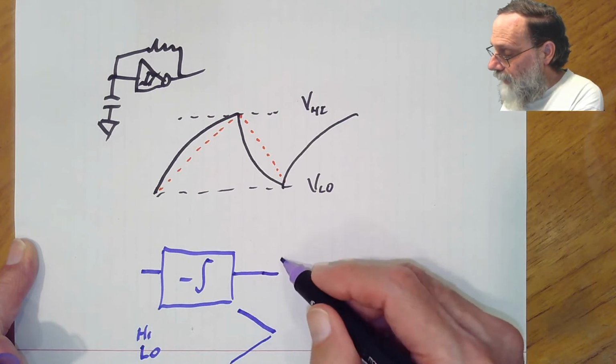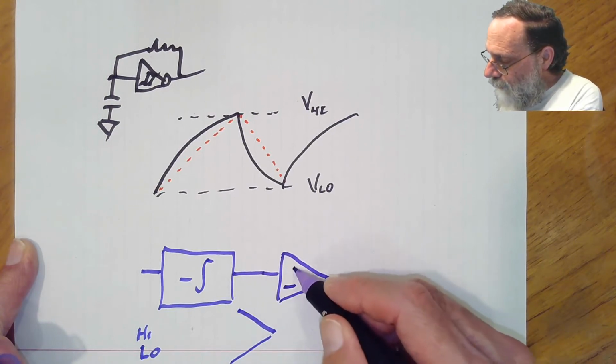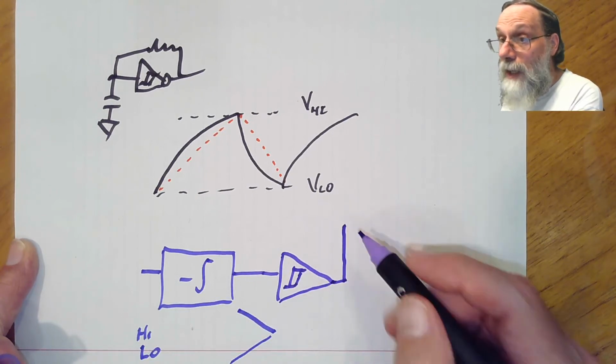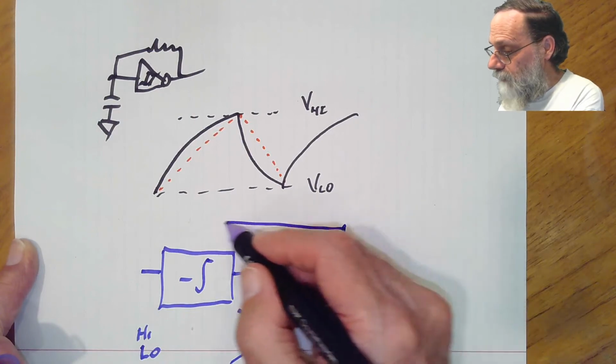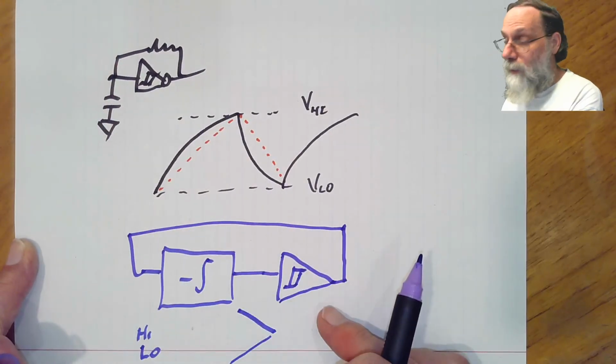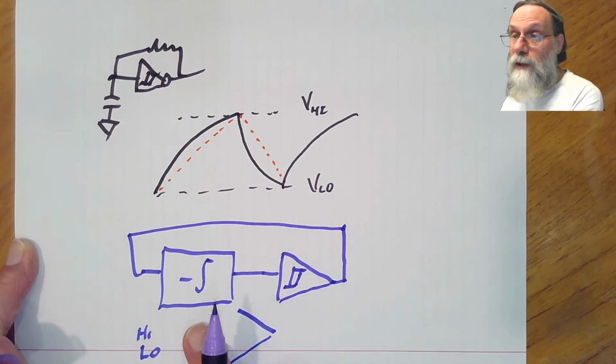So if we take that rising or falling voltage and run it through a Schmitt trigger, now this time a non-inverting Schmitt trigger. So over here we had an inverting Schmitt trigger, here we've got a non-inverting one. That's because we've got inversion going on in this integrator.